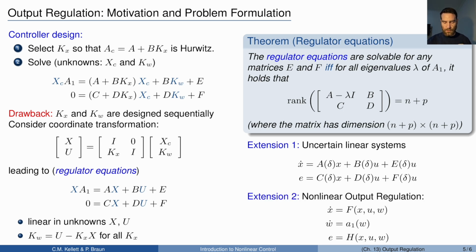Or one can also consider a nonlinear output regulation problem and derive corresponding results, starting with the same structure in terms of dynamics x dot and in terms of dynamics w dot, and a corresponding output equation representing the error, and then derive a corresponding solution for this output regulation problem.